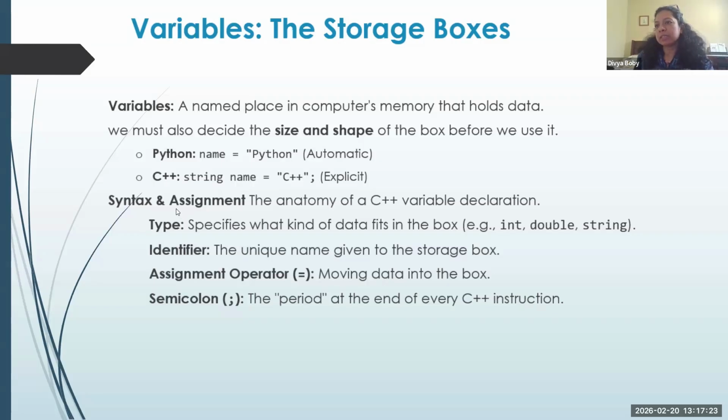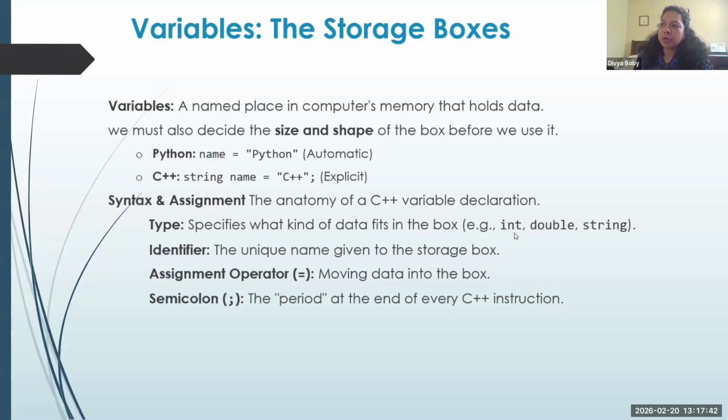There are multiple things when you are going to declare a variable. One is the type. You have to mention what type of data you are going to put in the box. For example, it can be an integer, double, or string.